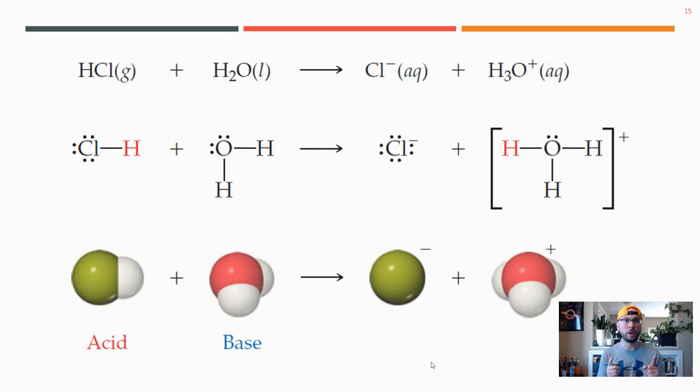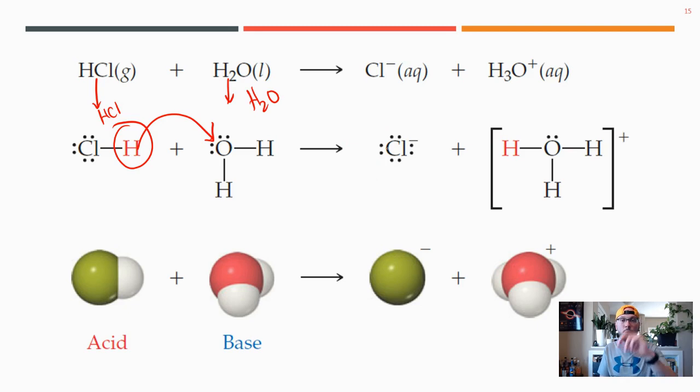Okay, welcome back. We've got an example here of a Bronsted-Lowry acid-base reaction that we're going to figure out the acid and the base. By definition, we know that acids are substances that donate hydrogen, while bases are those that accept hydrogens. We can see this marked hydrogen in red is donated from the HCl to the H2O. We can see that it's just the same form of this written 3 different ways.